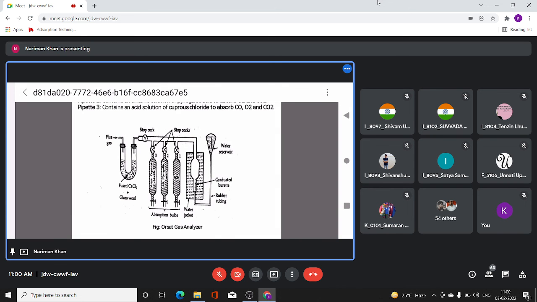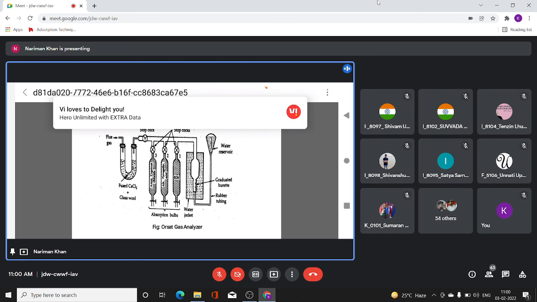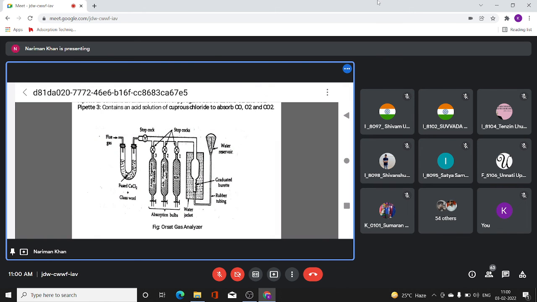After working, the principle, which is simply the absorption of gases by different components. After the principle, explain the equations, and then the measurement, how you measure the amount of different gases. That much only.